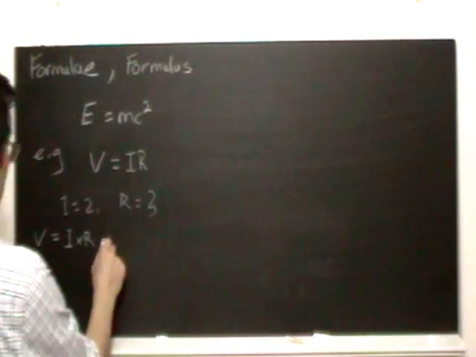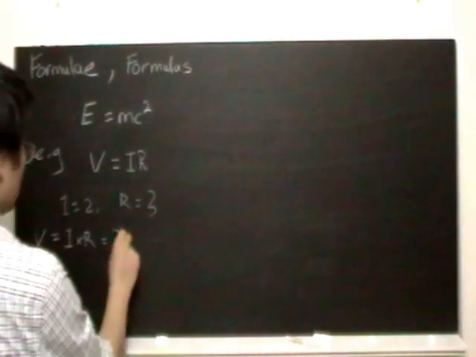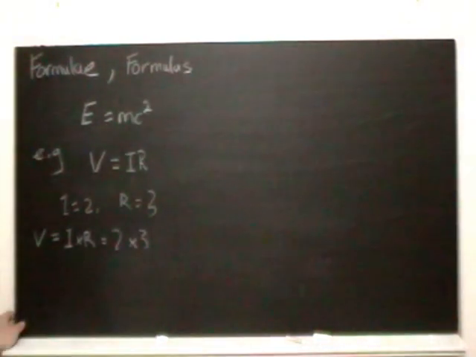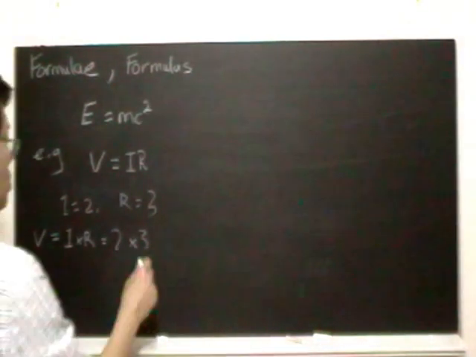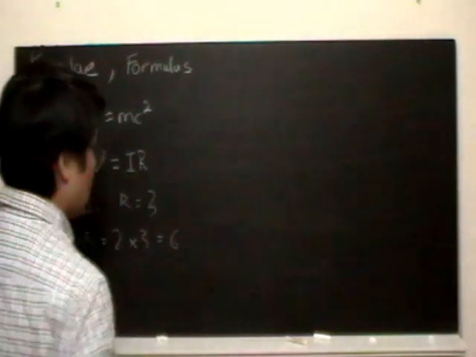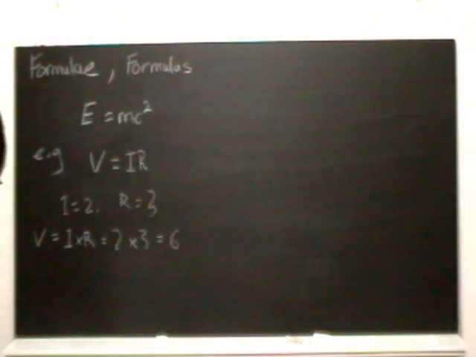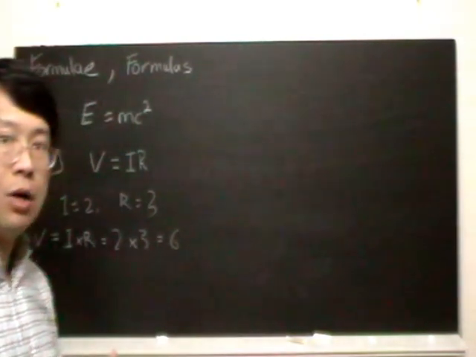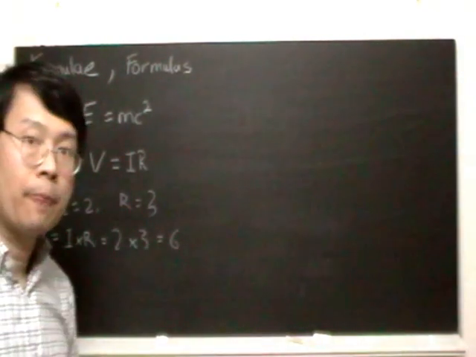So now I is 2, R is 3. We have 2 times 3, which is 6. So this is a very simple example of how we use a formula.